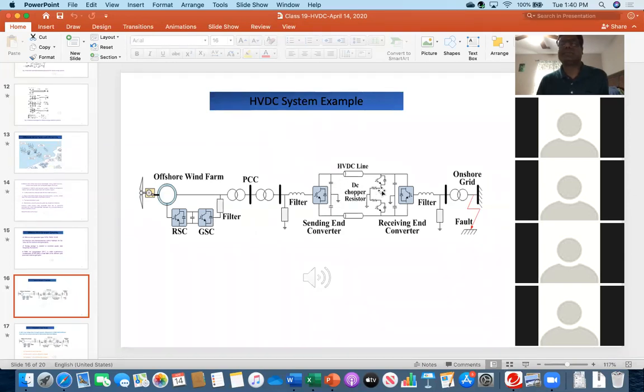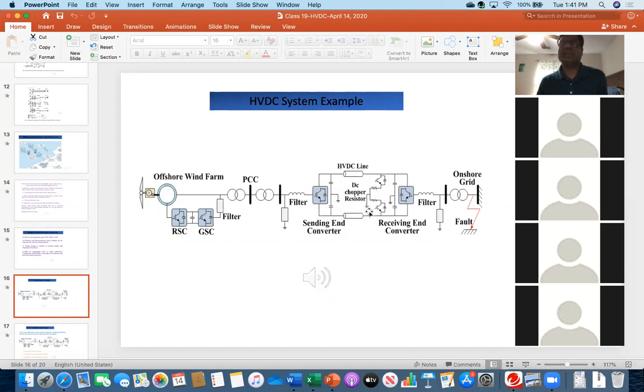On the right side, the receiving end converter, you can understand this is the DC to AC converter. Finally, there is filtering on the AC system, connected with another transformer to match the required onshore grid voltage.